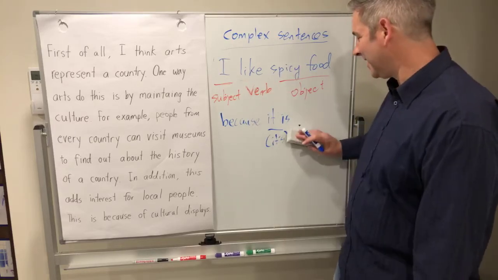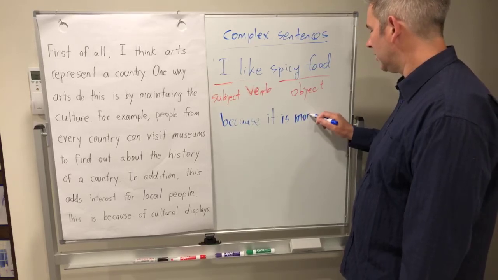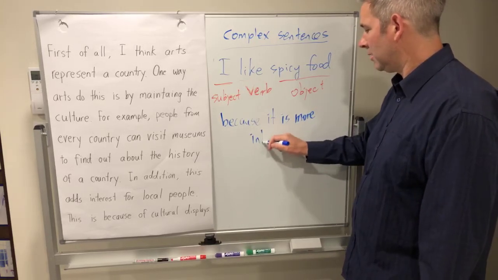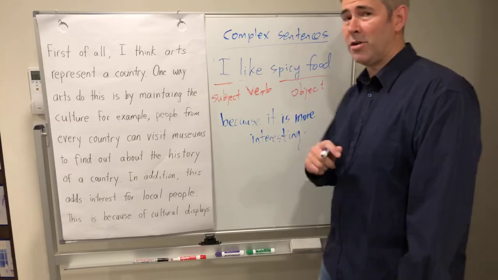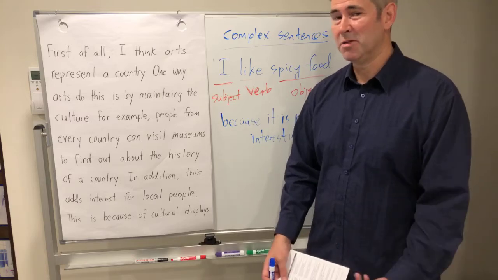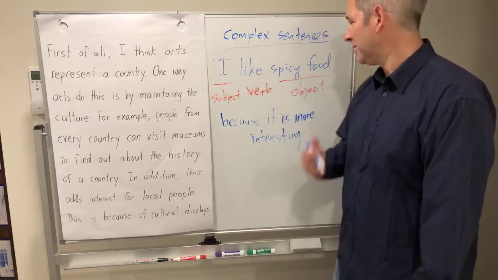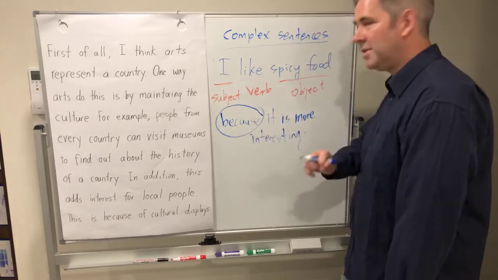It's is the contraction. So, because it is more interesting. I grew up on a diet of potatoes here in New Zealand, maybe some tomato sauce and cheese put on top of them. So I like spicy food because it is more interesting.